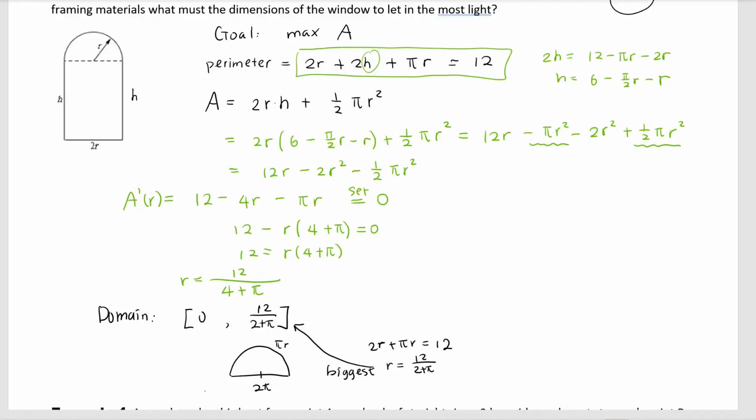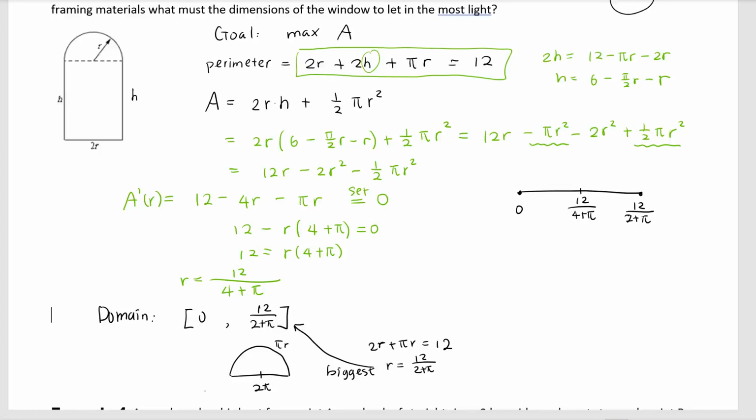Okay, so we're ready. We draw the diagram. So we have 0 and we have 12 over 2 plus pi, and 12 over 4 plus pi. You can see the denominator here is bigger than that denominator, and if the denominator is bigger, then the number is actually smaller.